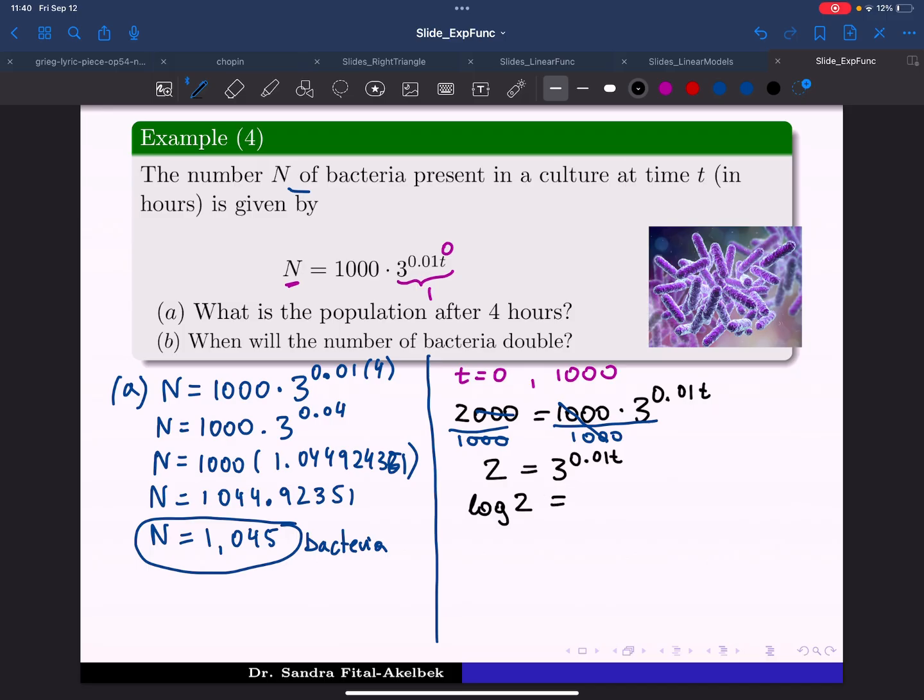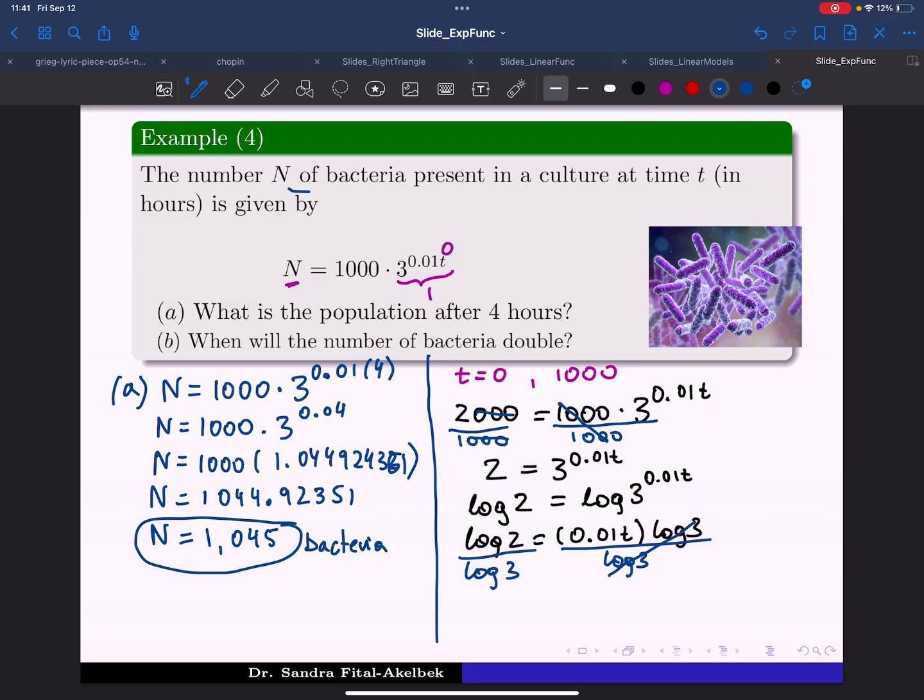Log of 2 equals log of 3 to the power 0.01t. By the properties of logs, this whole exponent can go in front. So log 2 equals 0.01t times log 3. Then we divide by log 3, and this cancels out.